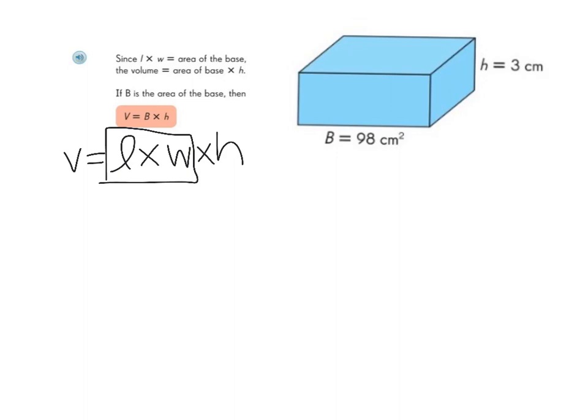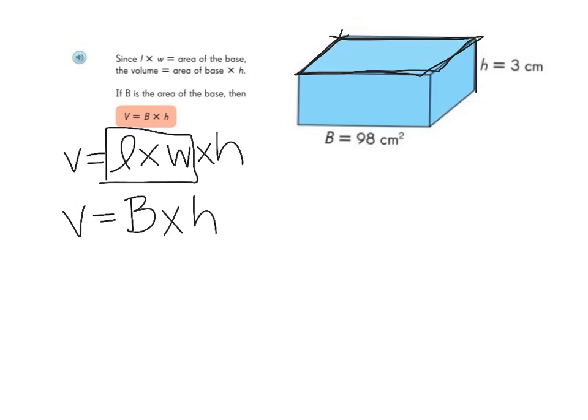And so when we take a look at our rectangular prism, what we're really doing when we're calculating the volume is finding the area of our base, one of our faces on our rectangular prism, and then multiplying that by the height. And so another way of thinking about volume is that the volume is really the area of the base, which we're marking as B, times the height. So you can find the area of the base first and then multiply that by the height.